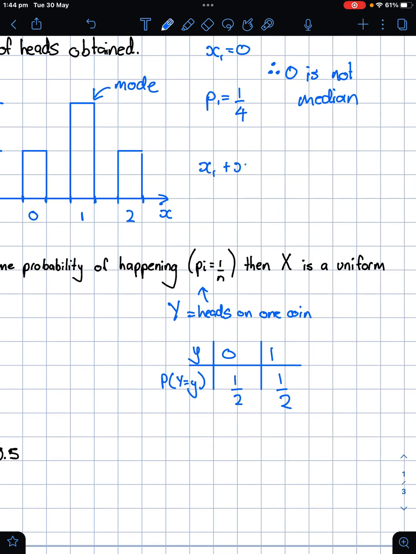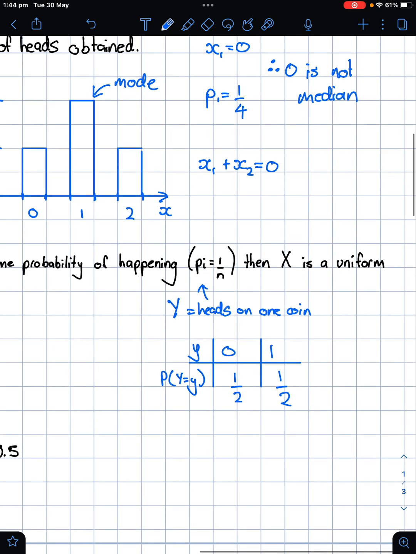x1 plus x2 equals 0. That's not quite right because we're not adding the values up yet. So let's do x1 equals 0, x2 equals 1. Therefore, p1 plus p2 equals 1/4 plus a half.